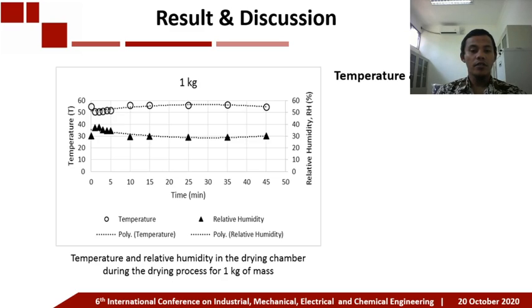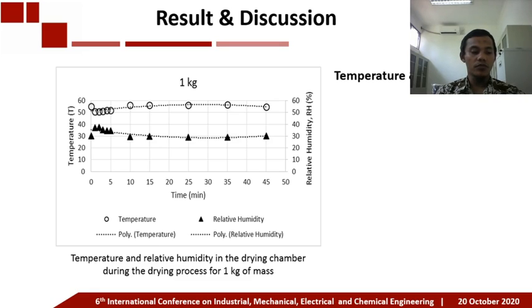Okay, this is the graph of temperature and relative humidity in the drying chamber during the drying process for 1 kilogram of unhulled rice. In this experiment, we use 55 degrees Celsius for the drying chamber temperature, and the average relative humidity is 30%.